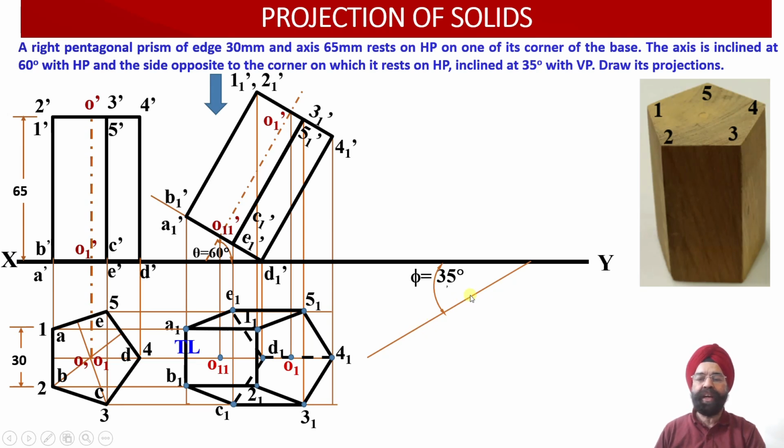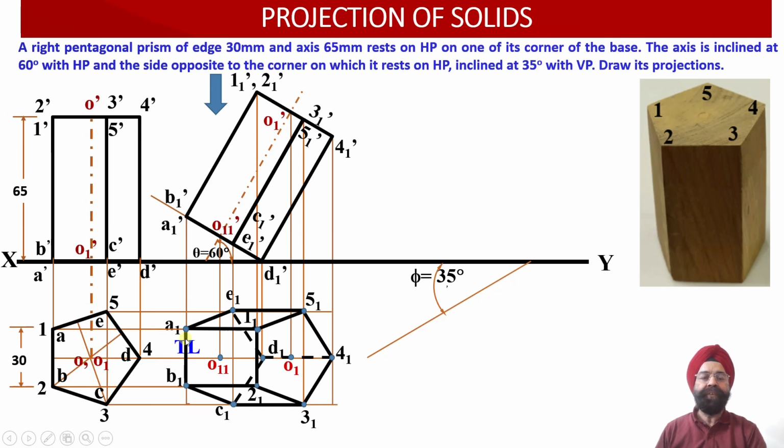Now what we are required to do is rotate or transfer this top view projection from the present orientation into a new orientation in which A1, B1 will lie alongside this orientation line, which is marked at an angle of 35 degrees with respect to the vertical plane. How can we transfer this figure?